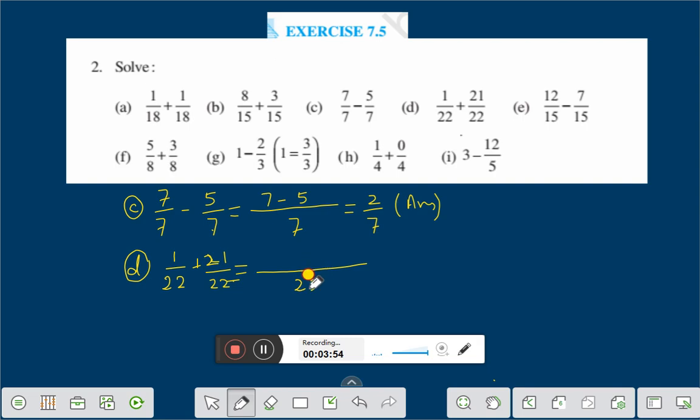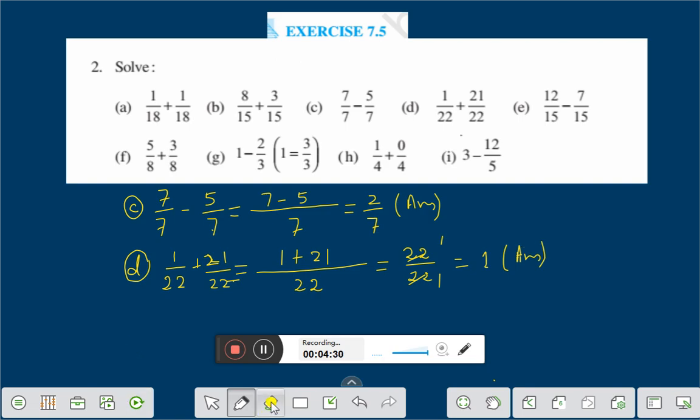Since both the denominators are same, 22, it is 1 plus 21. 21 plus 1 is 22, which is equal to 22 by 22. If we change to the lowest term, it is 1 by 1, that is equal to 1. This is question number D.